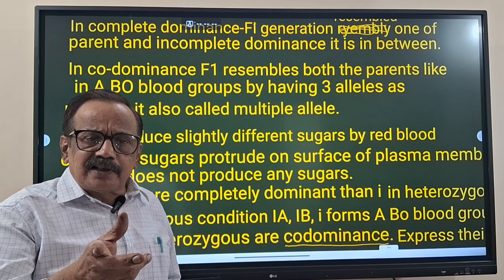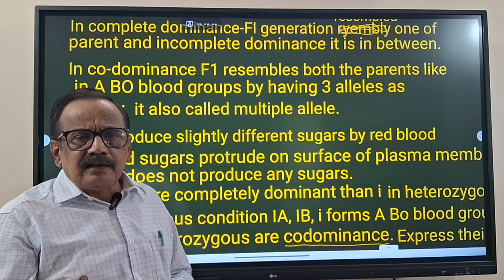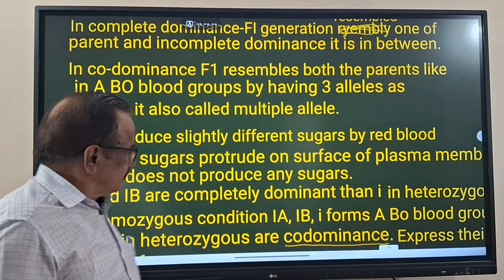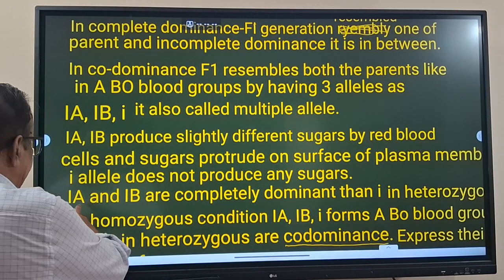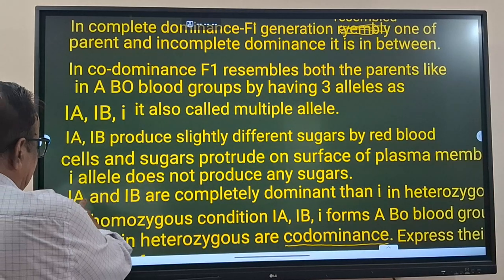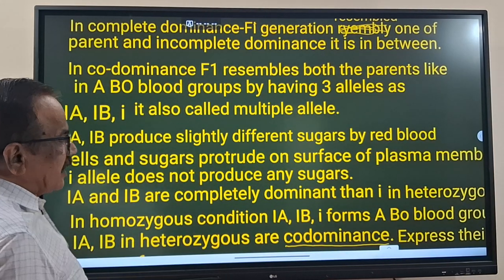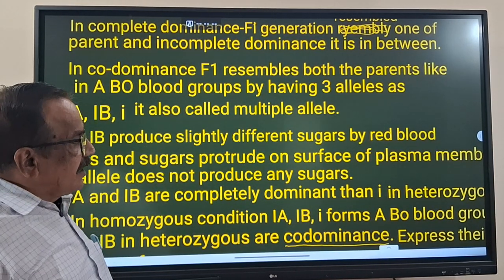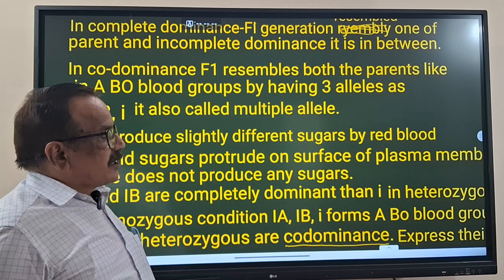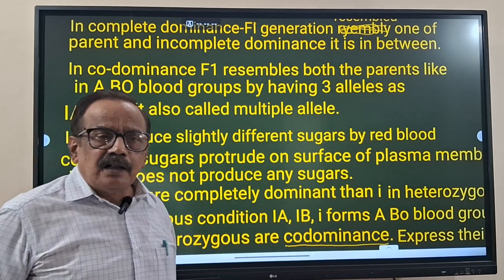The sugars are also of two types. The slight difference will be there in A and B. That only is being told. And IA and IB are completely dominant over i in the heterozygous condition.